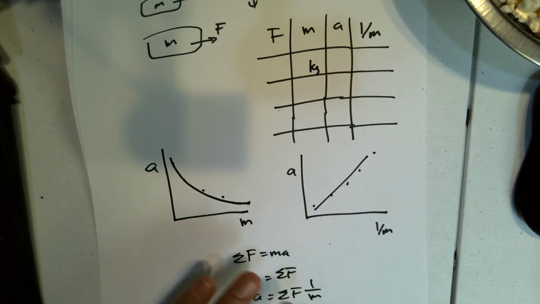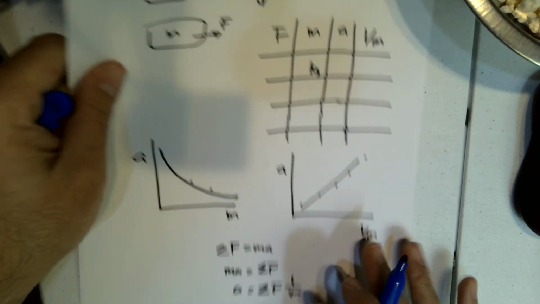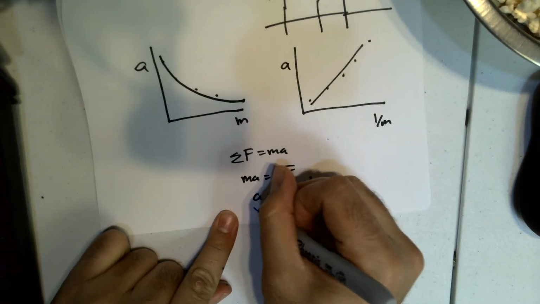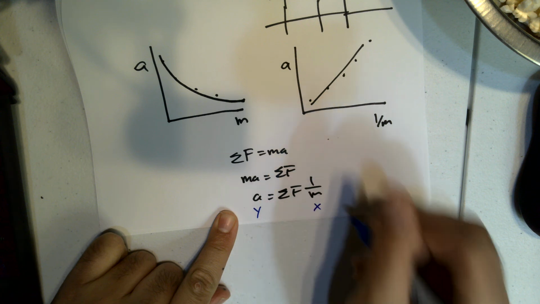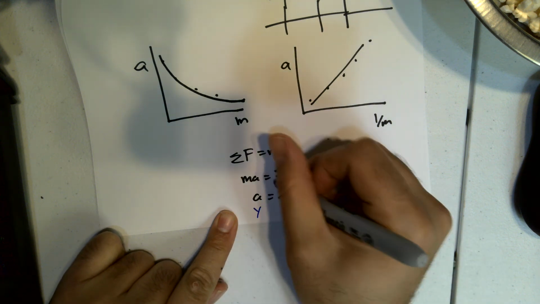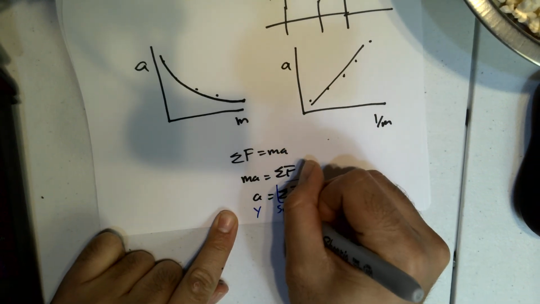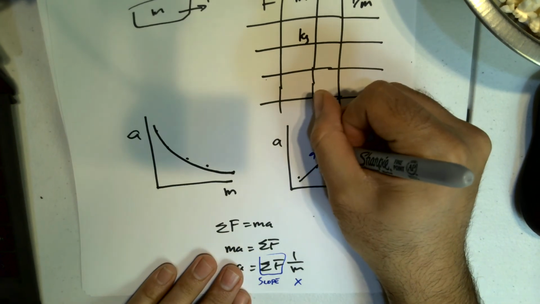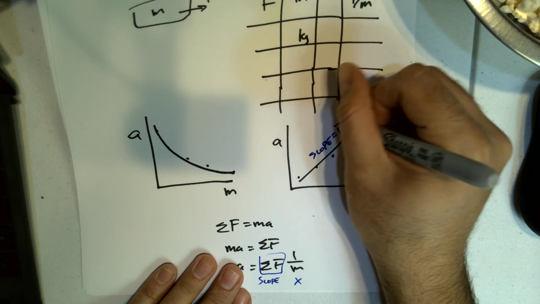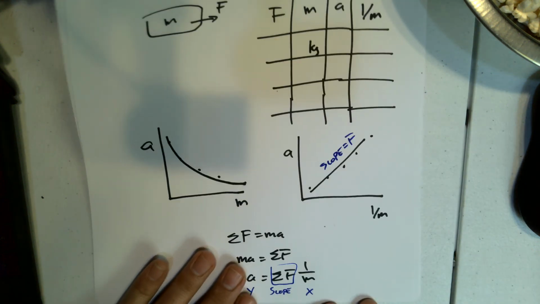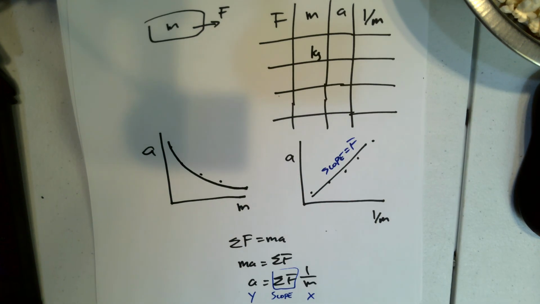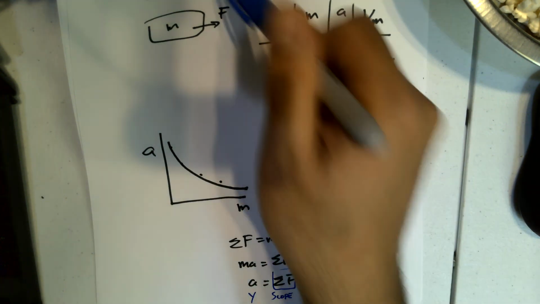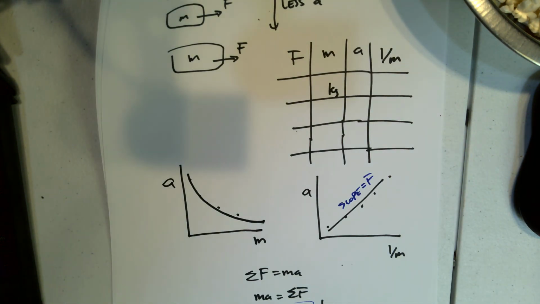Now we are plotting our a data on the y-axis and 1 over m data on the horizontal axis, the x-axis, and that would give us a slope equal to sigma F. So if we've done this properly, I would expect the slope here to equal the force. If you can generate all three of those graphs and get a number that makes sense with the force value you've chosen, you've done it all right.